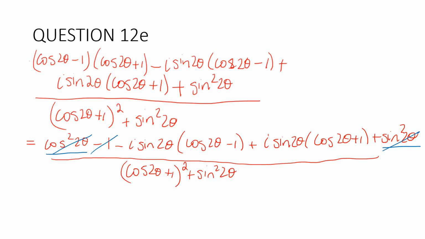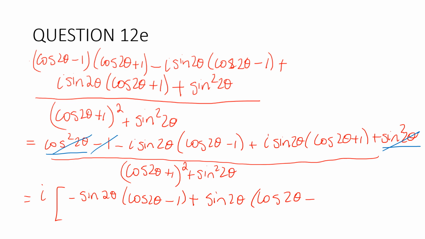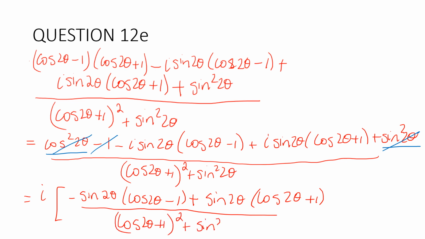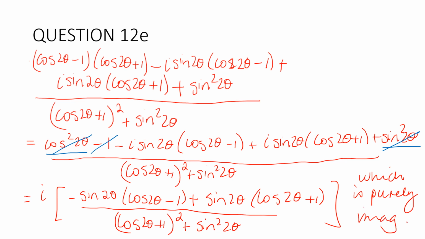And so we're left with a purely imaginary term. i outside of negative sine 2 theta cos 2 theta minus 1 plus sine 2 theta cos 2 theta plus 1 all over cos 2 theta plus 1 all squared plus sine squared 2 theta, okay, which is purely imaginary as required.